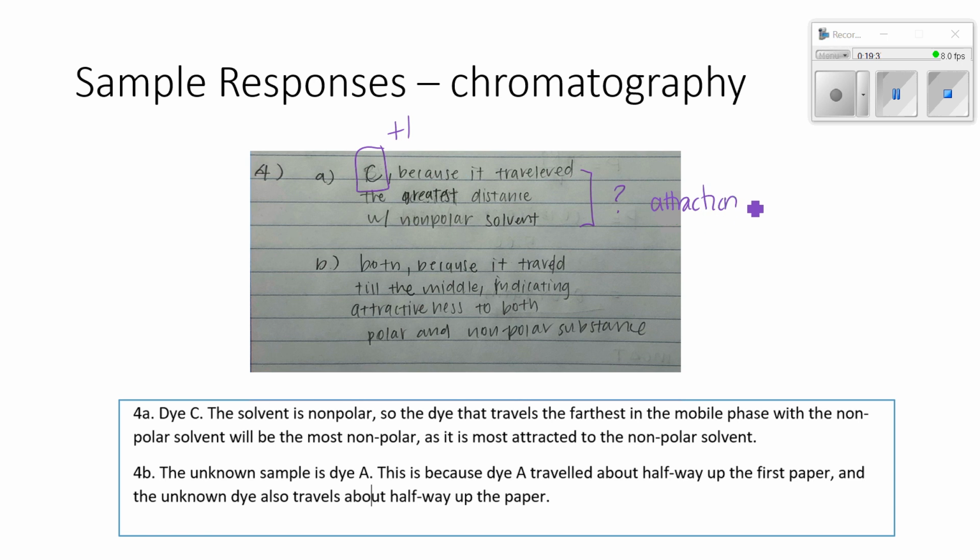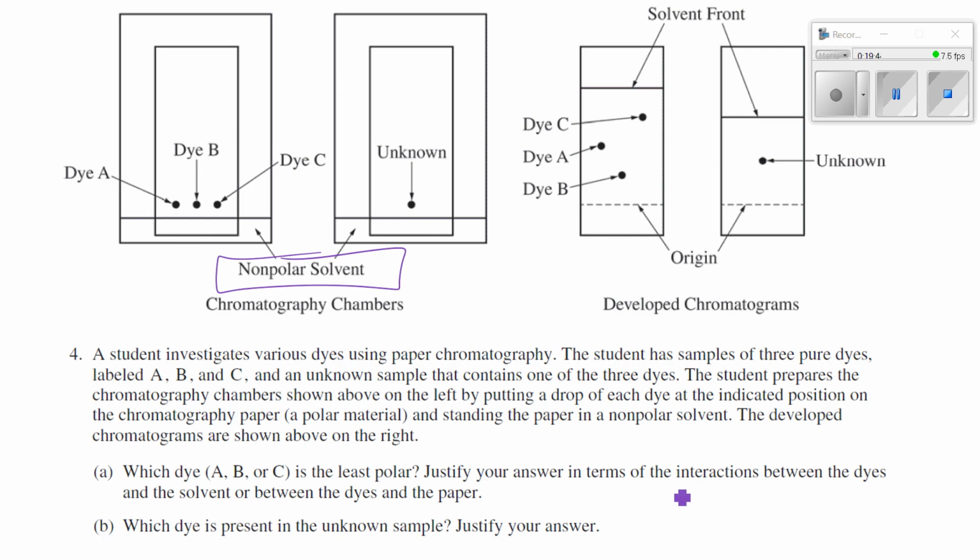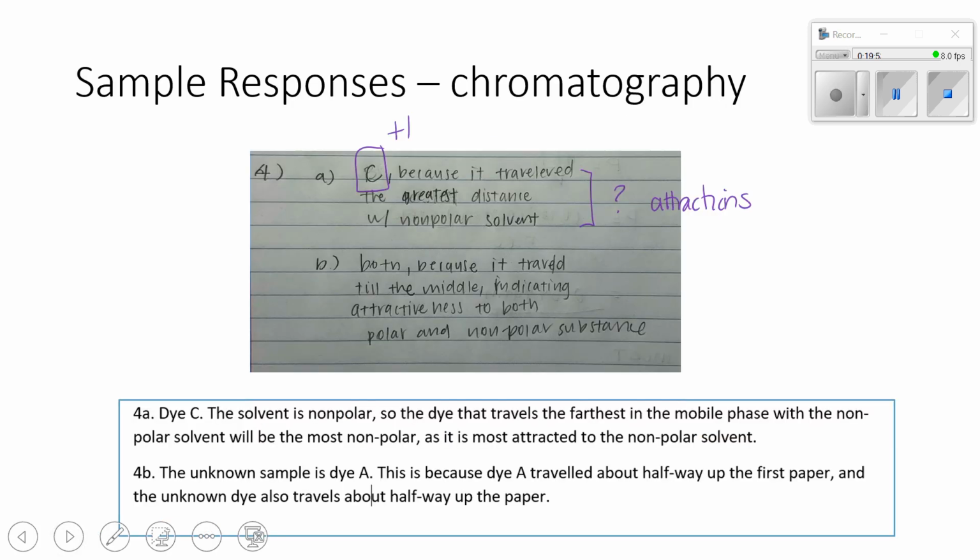We correctly identified that it traveled the greatest distance with a nonpolar solvent, but the question wants us to think about the interaction, like the level of attraction and whether it's more attracted to the solvent or the paper. And here we said we correctly identified dye C. The solvent is nonpolar. Here, I think you'd earn that point because we mentioned the attraction. So just make sure you discuss the attraction of the dye to the paper, or of the dye to the solvent.